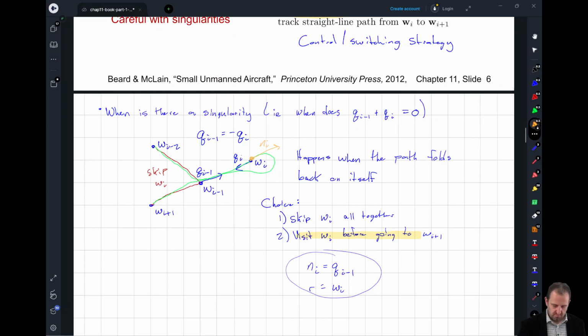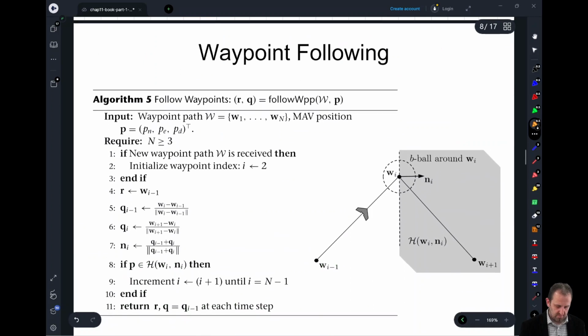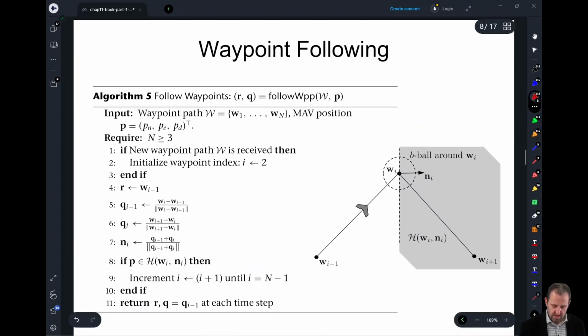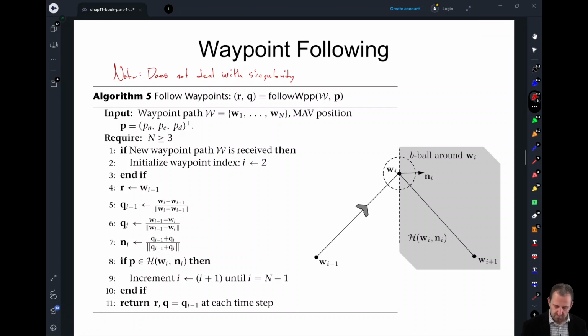Excellent. So now we can talk about the algorithm, and I want to make one quick note. This algorithm does not deal with the singularity. So you'll need to add that logic in. But it has most of the components. The first thing to notice about this is that it's actually fairly simple.